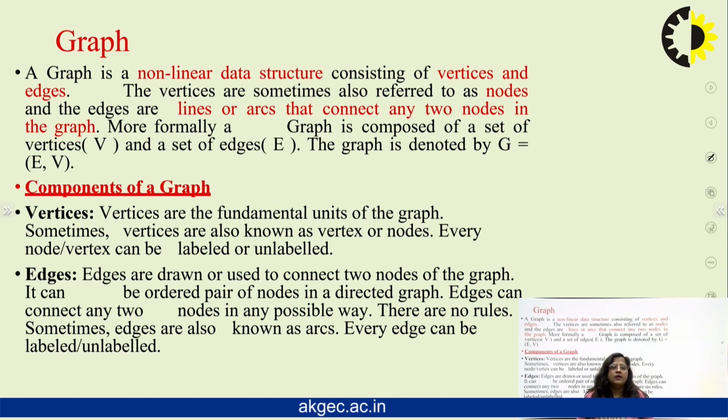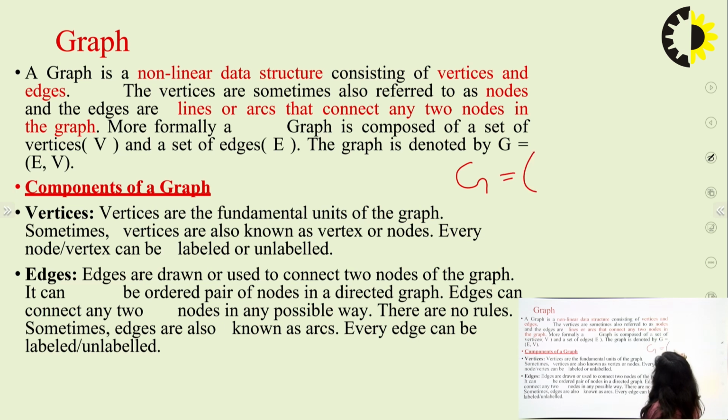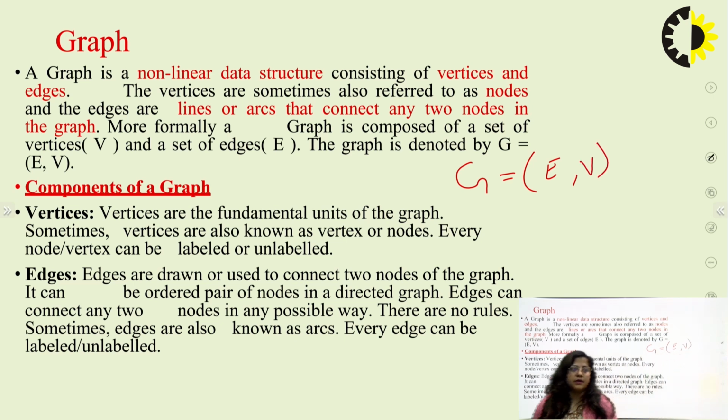A graph is composed of a set of vertices and a set of edges. We denote it as G equal to (V, E), where G stands for the graph, E is the set of edges in the given graph, and V is the set of vertices of the given graph.